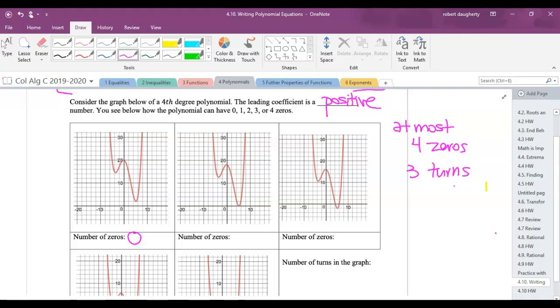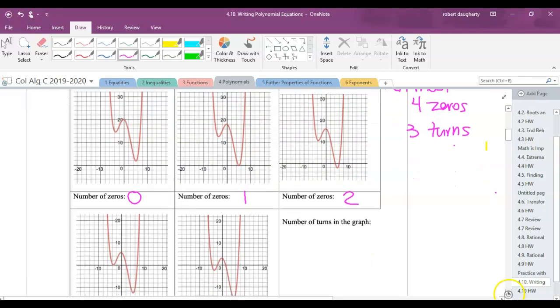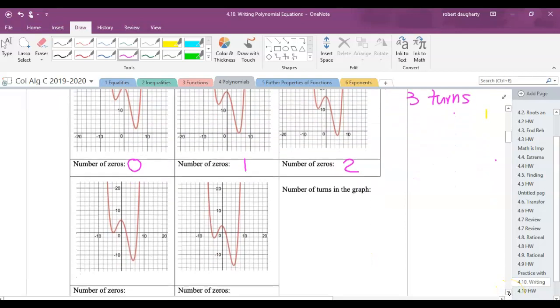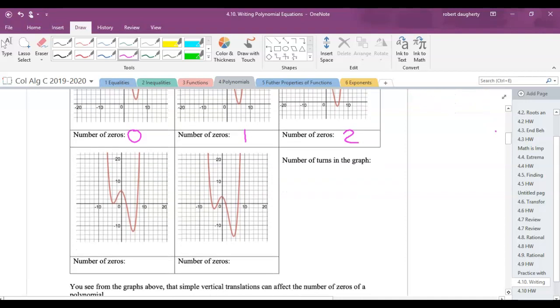What did I do transformation-wise? It went down 1, but how many zeros does it have? This one has 1 zero. Okay. It looks like I moved it down another notch, and how many zeros does the next one have? 2. Okay. If you keep on going, how many zeros does the next one have? 3. And then finally, 4.